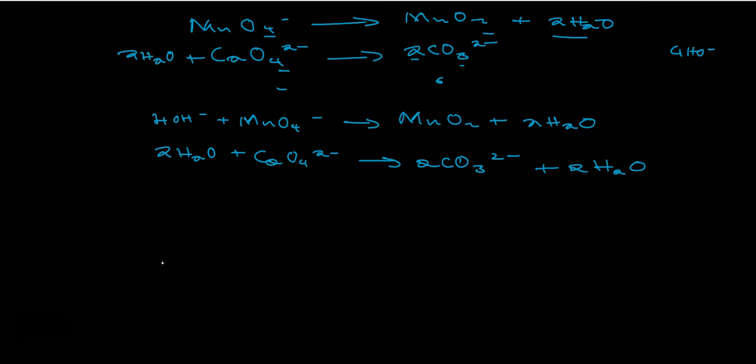In this equation we have 4, and both are negative, so the overall is just negative 4, and here we have 0. So since the overall is negative, we are going to add here 4 electrons like this, so that we balance it.